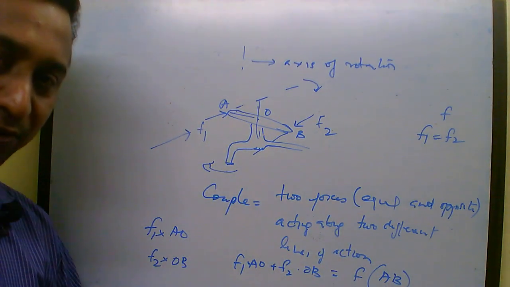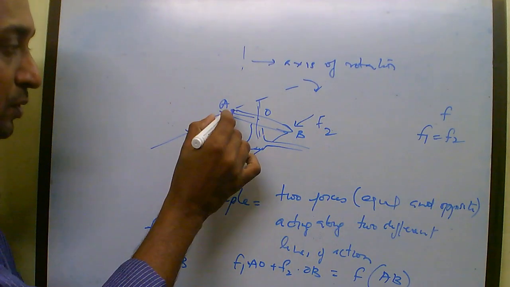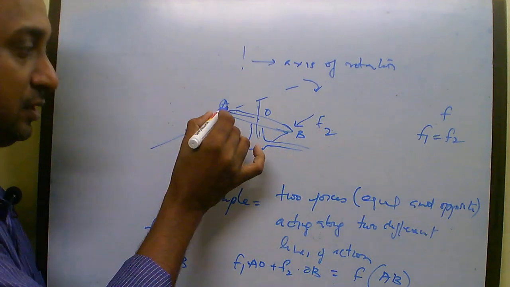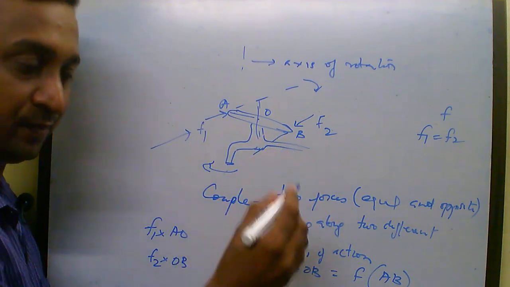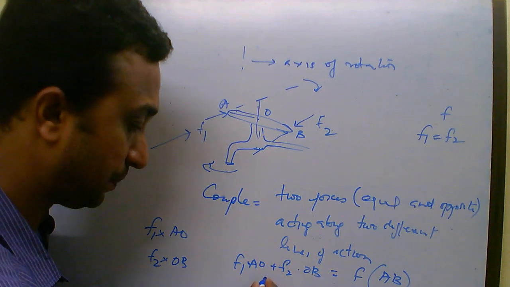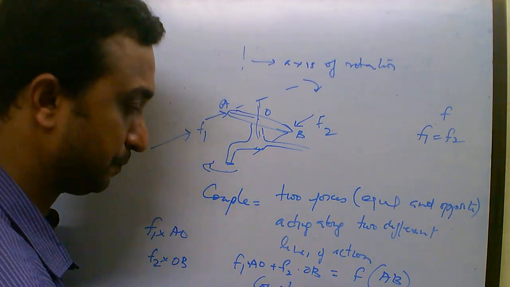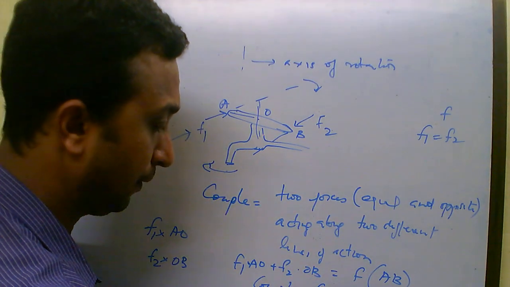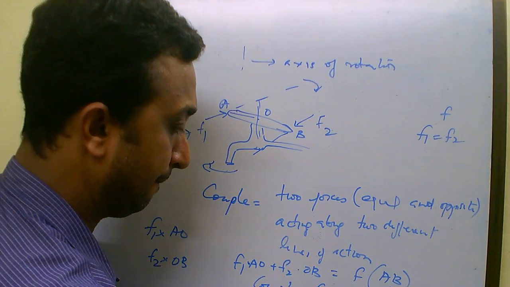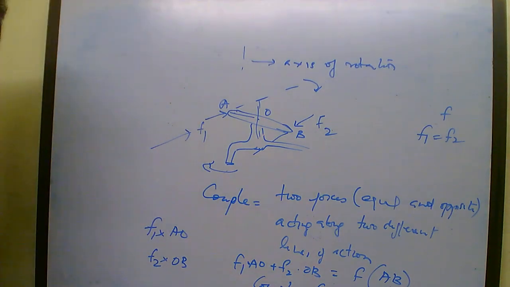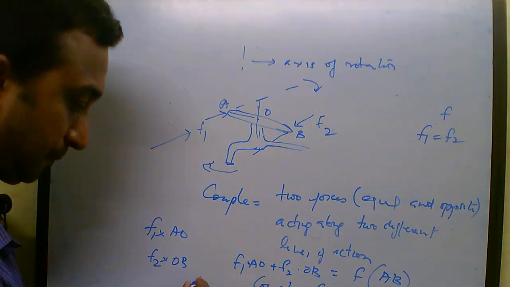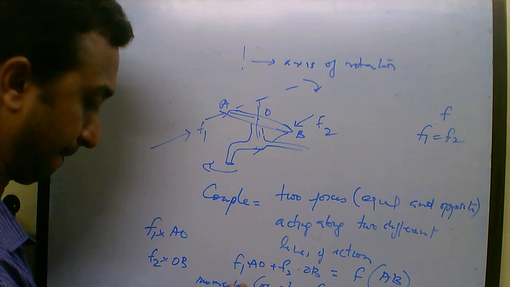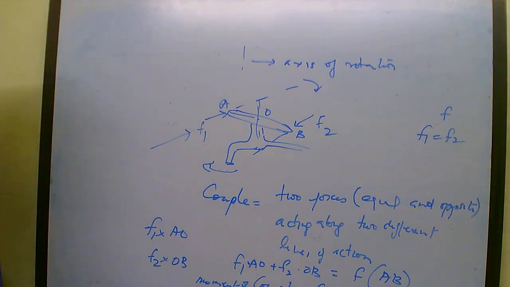So applied force into the arm of the couple, or the length of the body, gives you the magnitude of the couple, the moment of couple. Now what is its magnitude?